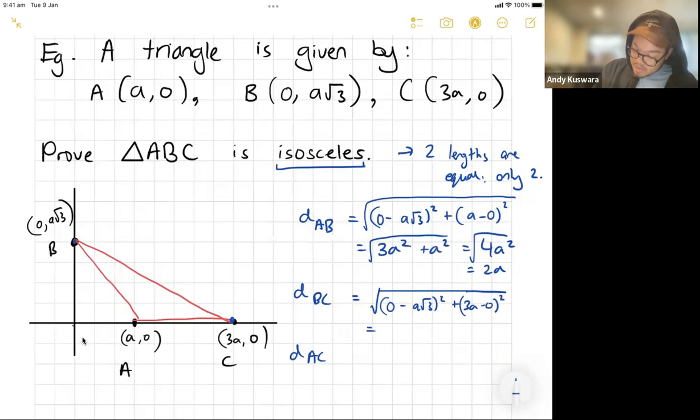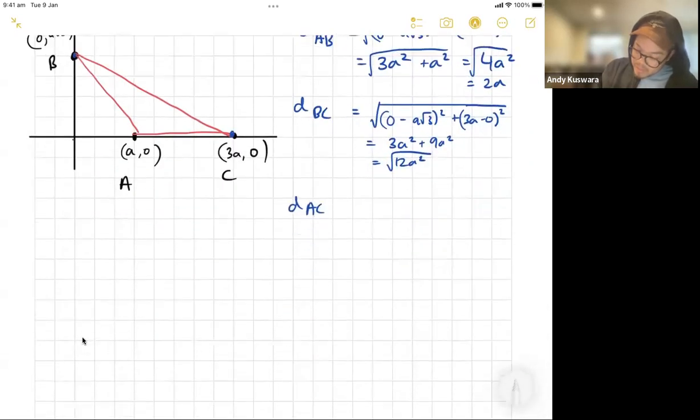And this gives me 3a squared plus 9a squared. And that equals 12a squared, square root of 12a squared. Not a real nice one for that, so I'm going to keep it as is.